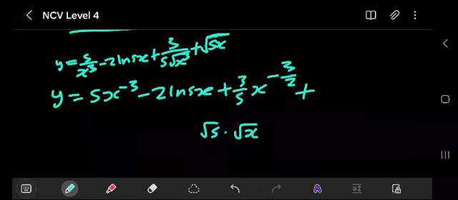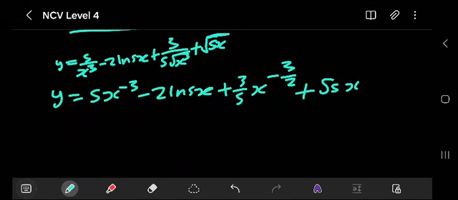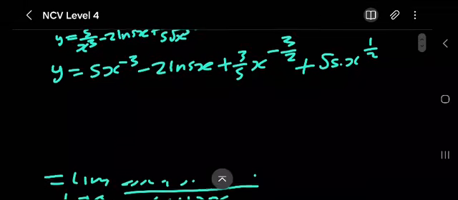Hopefully you understand this. And then this is the same as the square root of 5 times x to the 1 over 2. So you're supposed to understand this. This will be the square root of 5 times x to the 1 over 2, right? So now everything is good.